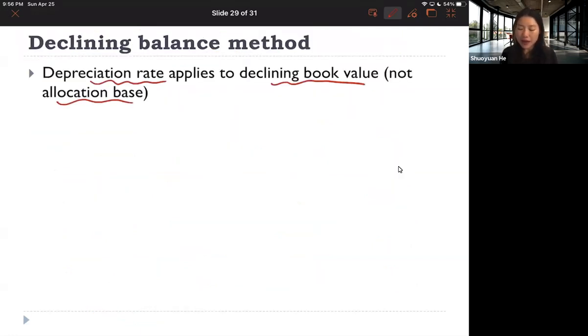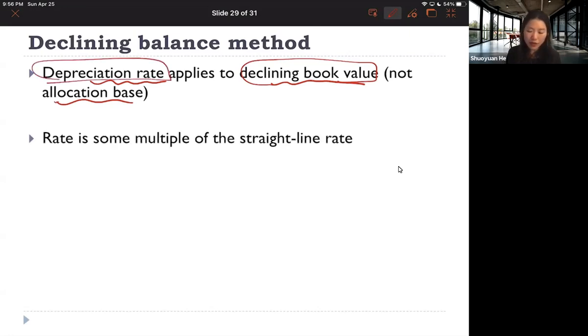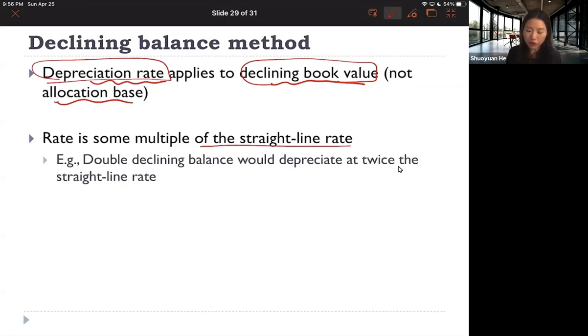Under the declining balance method, we have a declining book value, and we use the same depreciation rate. The rate is some multiple of the straight line rate. For example, if it is double declining balance, we depreciate at twice the straight line rate.